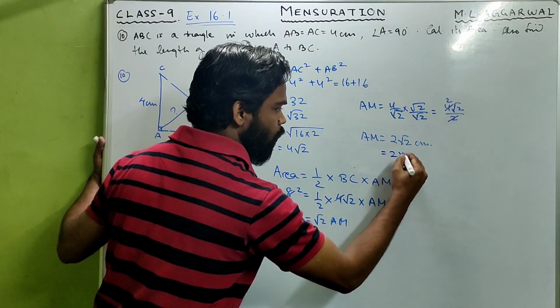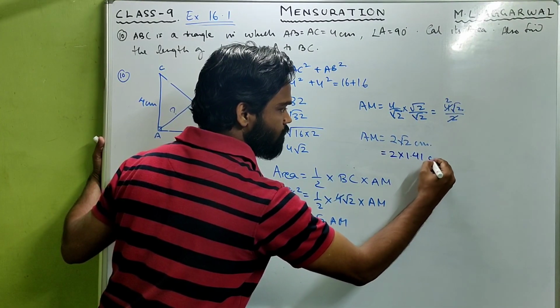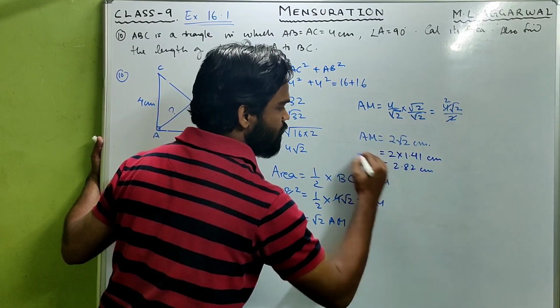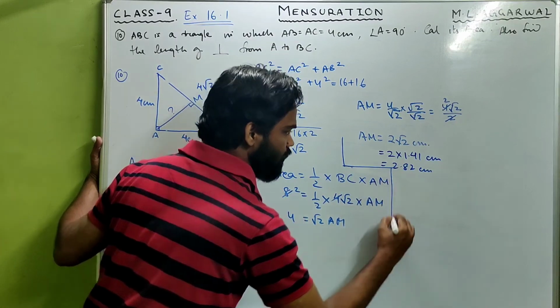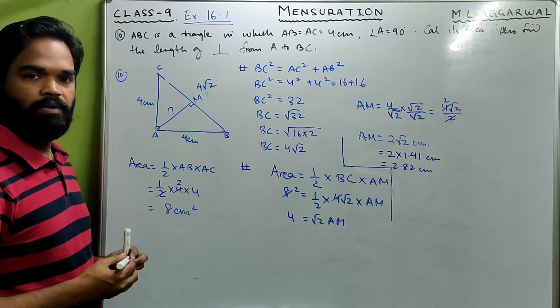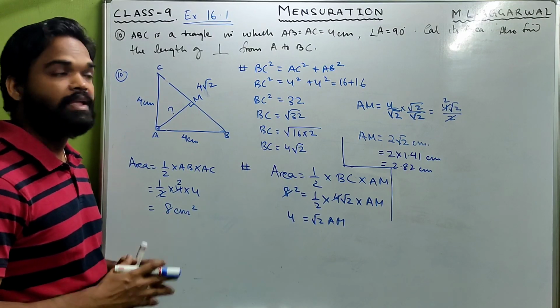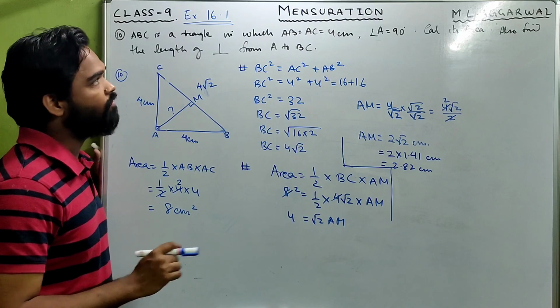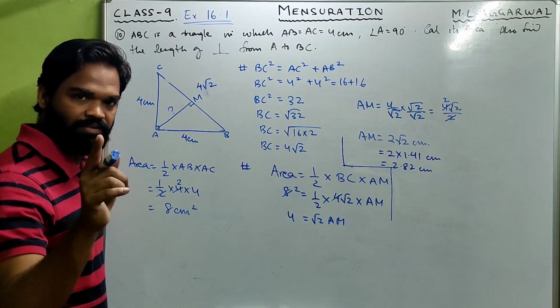That is 1.41. Okay. So this will be 2.82 centimeter. So the length of the altitude will be 2.82 centimeter. So in this video, keep it till here. In the next video, we look at the rest of the sums from area of triangles. Till then, take care.